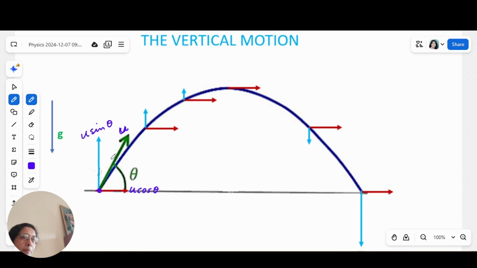However, there is the gravitational force acting in the downward direction, which will be pulling the particle downward and reducing its velocity. So the vertical velocity gradually reduces and becomes 0 at the topmost point. Then when it falls, the velocity increases due to gravity, and finally when it touches the ground, the velocity becomes equal to u sin theta.